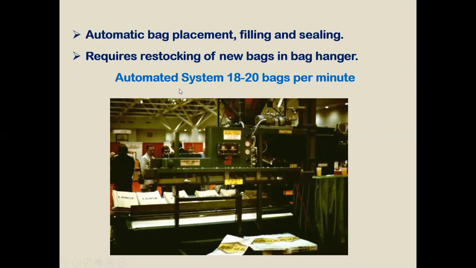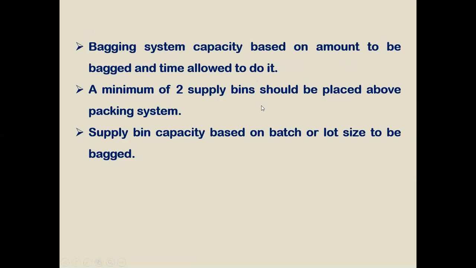And in case of automatic system of packaging, 18 to 20 bags per minute can be filled and sealed. So we can reduce the time consumption as well as the manpower in case of automatic system of packaging.